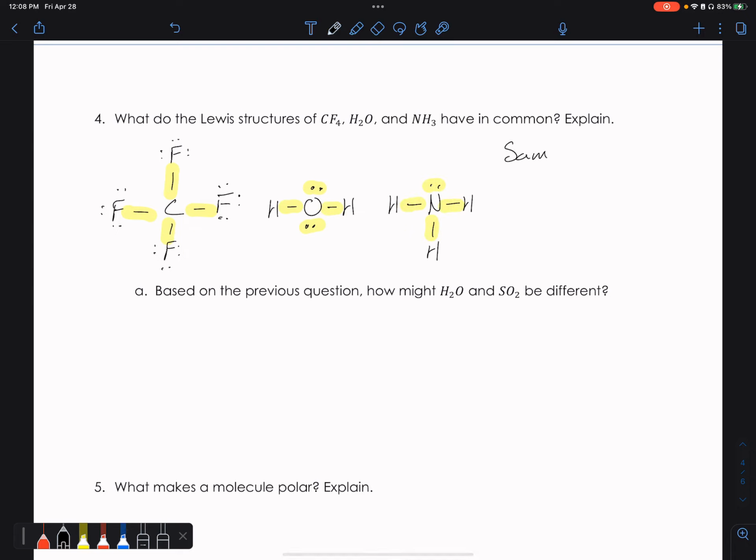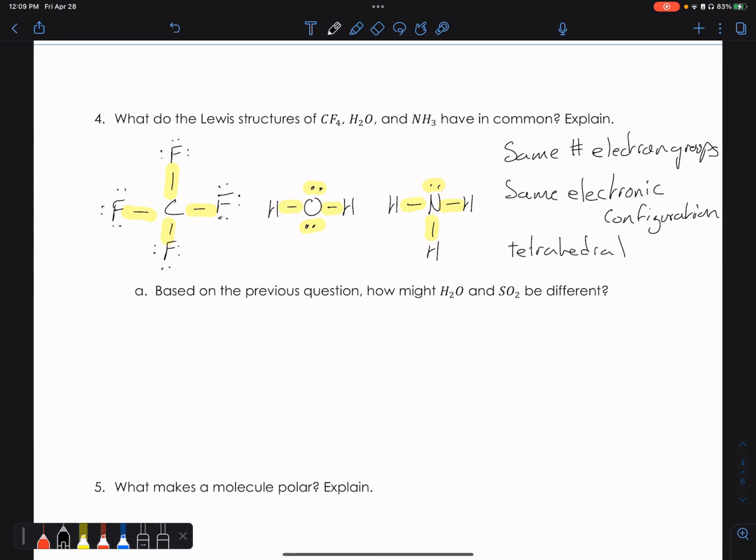So same number of electron groups, same electronic configuration. They're all tetrahedral electron configurations, because we have 4 electron groups on each.